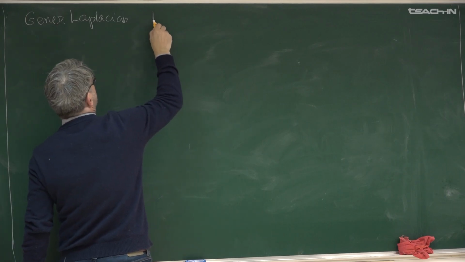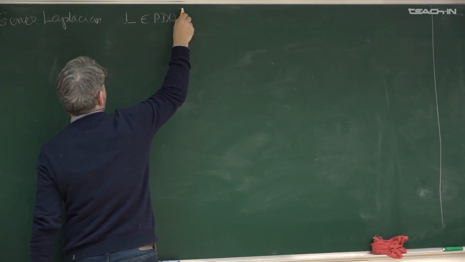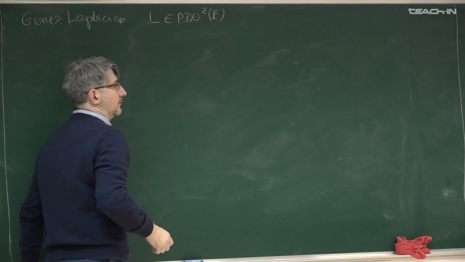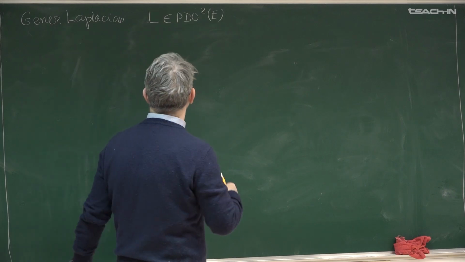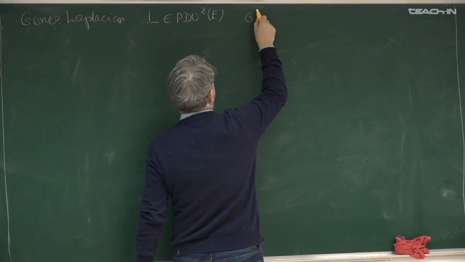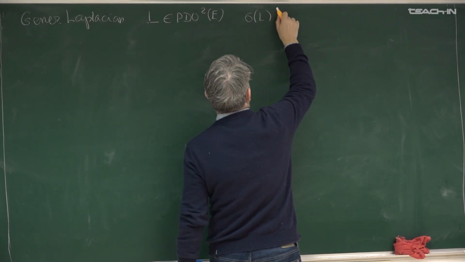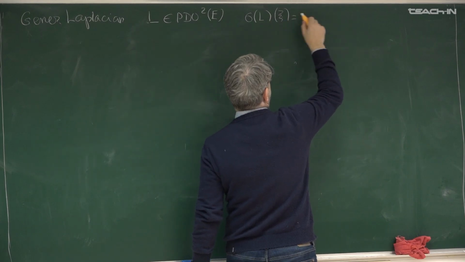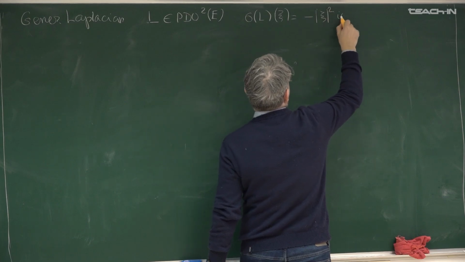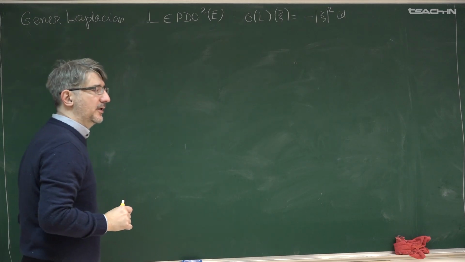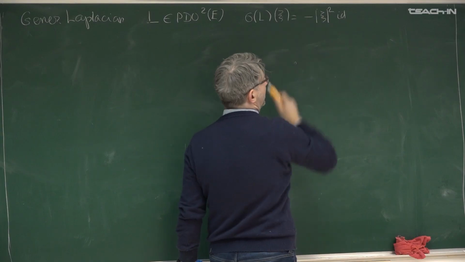It's a differential operator L of second order. It works on sections of the same vector bundle, such that its symbol has a very specific form: minus, calculated at a covector psi, is equal to, so it acts like the identity multiplied by the square of the norm of the covector psi, with a minus sign.